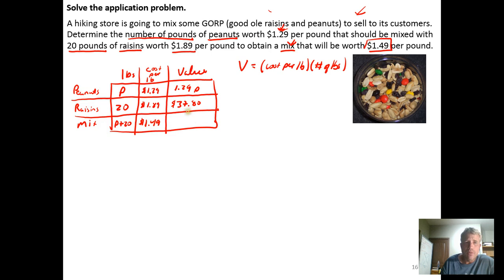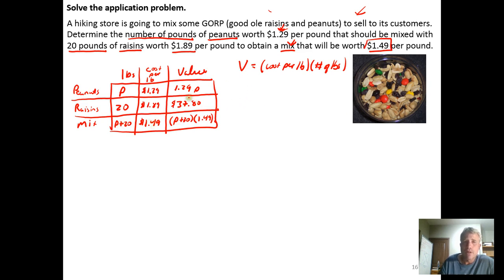And the value of the mix is going to be the total pounds of mix, which is P plus 20 pounds, times $1.49 per pound. So I'm getting this cell right here by taking this times this to get this.